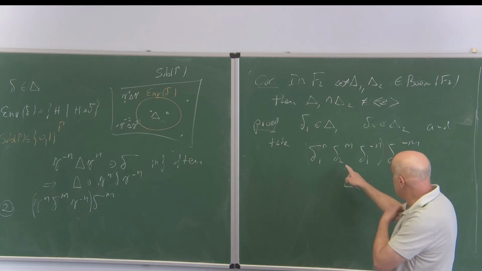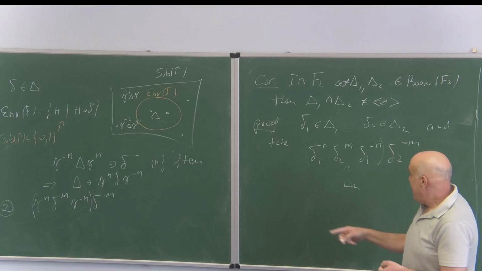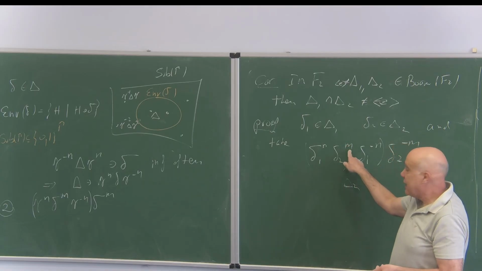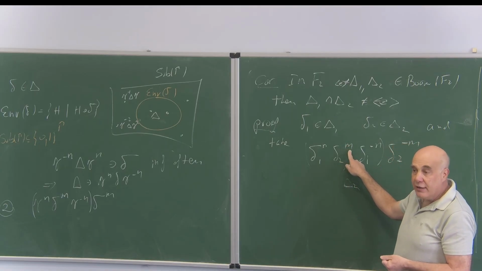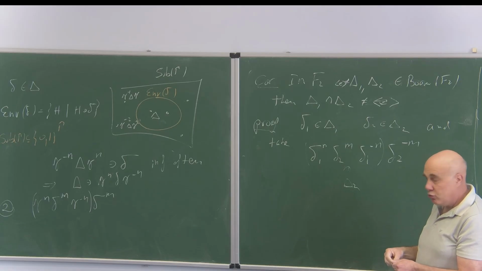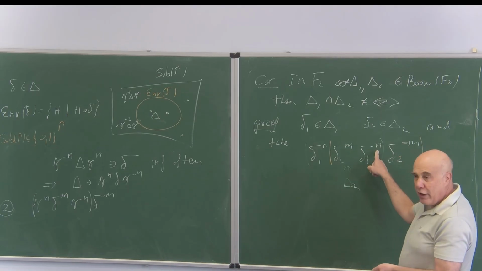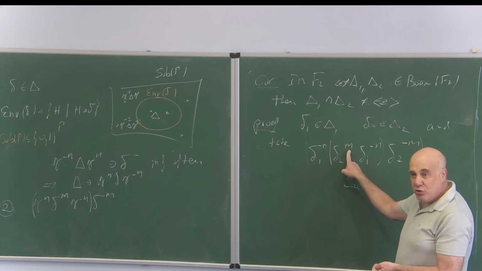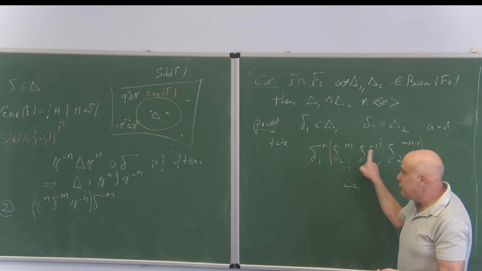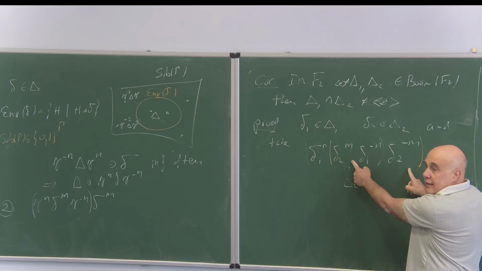I can do that due to the first step over there. And of course, if this is in delta 2 without m, it's going to be in delta 2 for any possible value of m. So this whole expression falls inside delta 2. On the other hand, if I put the brackets the other way, for the n that I already found, I can choose my m in such a way that this falls again in delta 1.